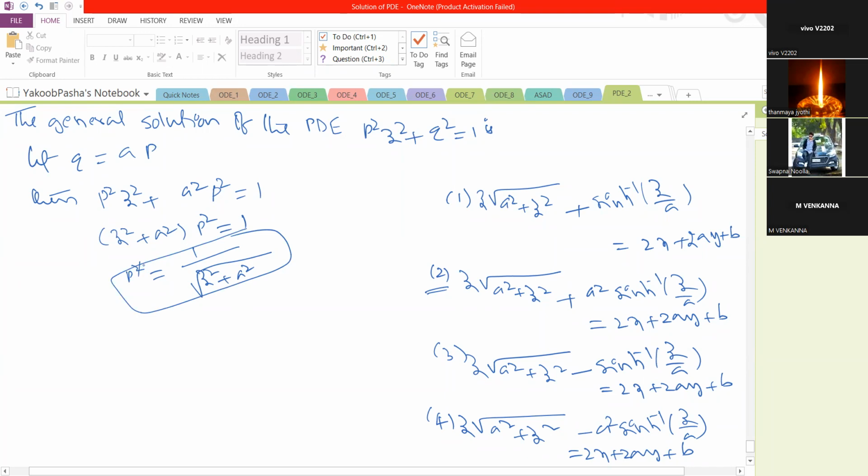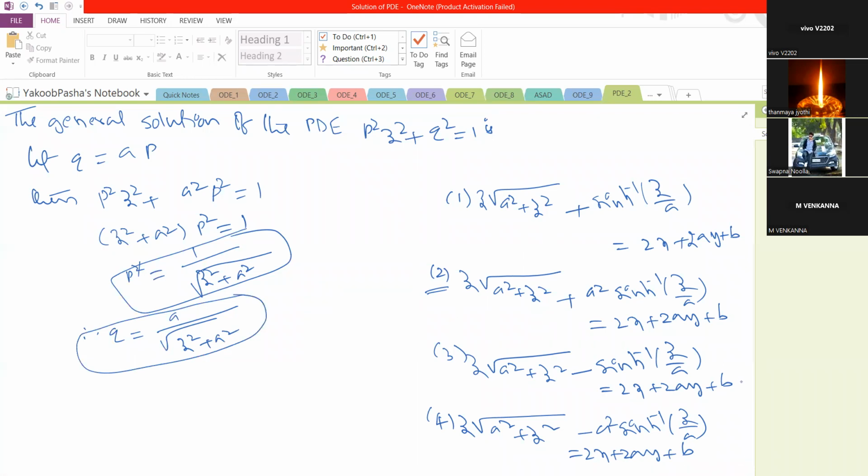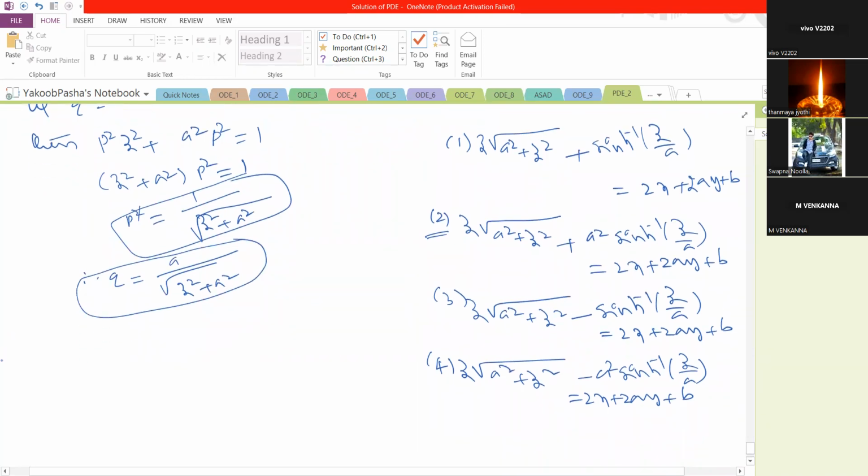Okay, p is obtained, therefore we can write the q value, that is ap, so a by under root of z square plus a square. Okay, p value is there, q value is there. Substitute in dz is equal to p dx plus q dy: p equal to 1 by under root of z square plus a square into dx plus q, a by under root of z square plus a square into dy.